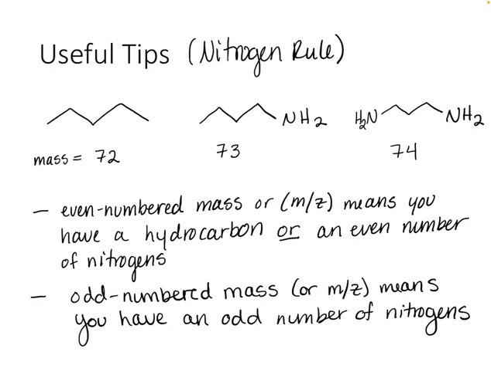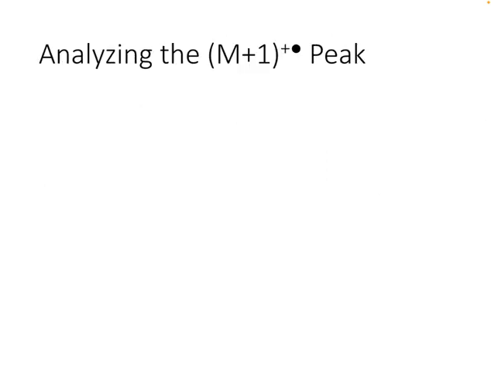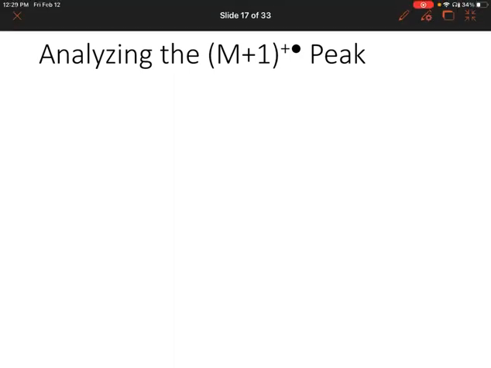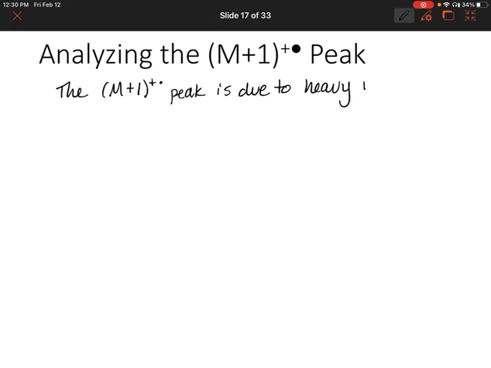All right. So now let's talk about that M+1 peak, the peak that's due to the isotope carbon-13. Now this could occur for other atoms as well. So let's just write that the M+1 peak is due to heavy isotopes.